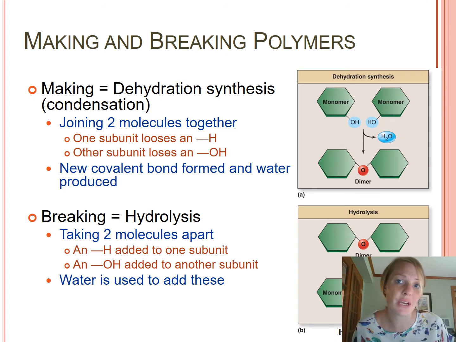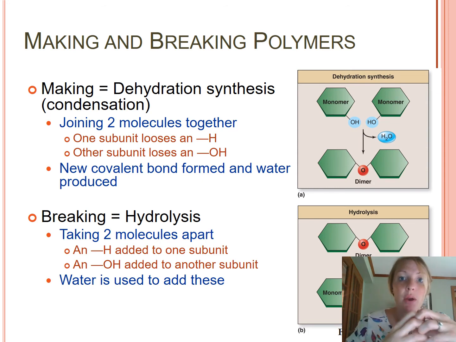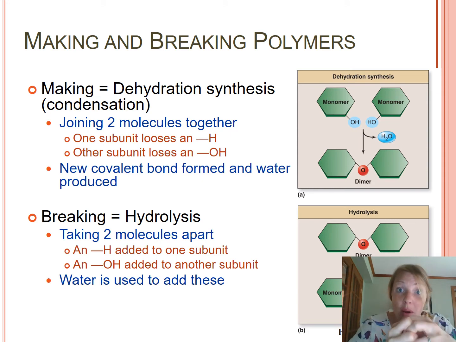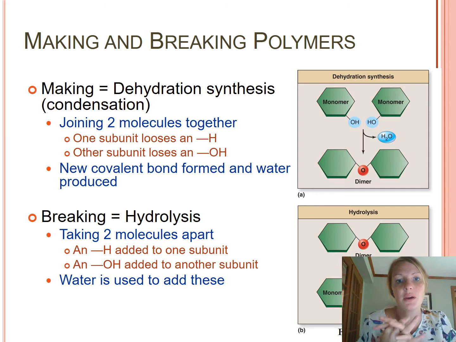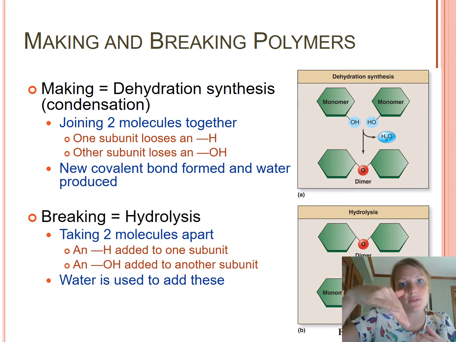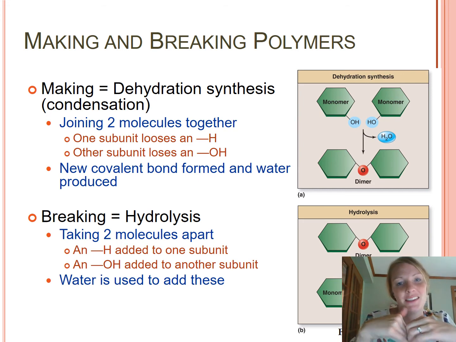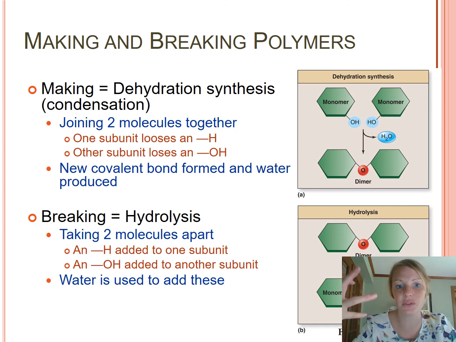The opposite reaction is to take 2 already joined monomers that are probably in a polymer and pull them apart. It's just the exact opposite of what we saw with the dehydration synthesis. A water molecule inserts itself in between this bond, and by inserting that oxygen and hydrogen, it pulls those apart.